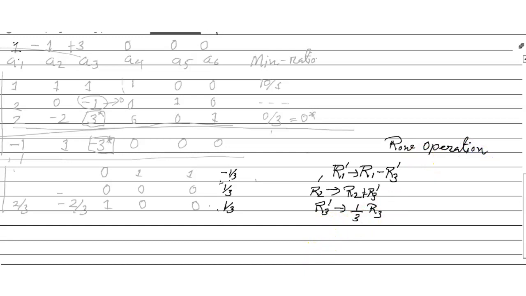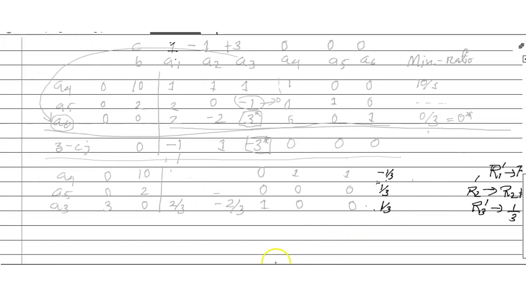According to the row operations, R2 dash equals R2 plus R3, so it is 1 by 3, minus 2 by 3, 5 by 3, and this portion I get 8 by 3, because 2 plus 2 by 3 is 8 by 3.